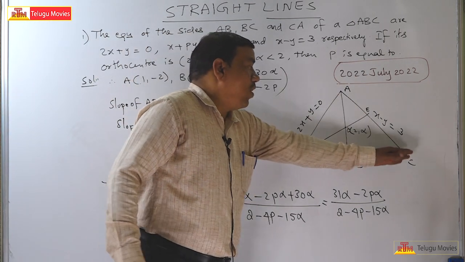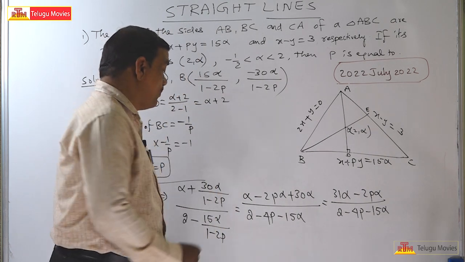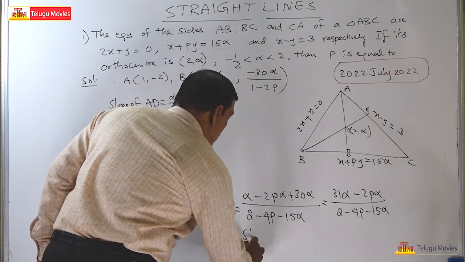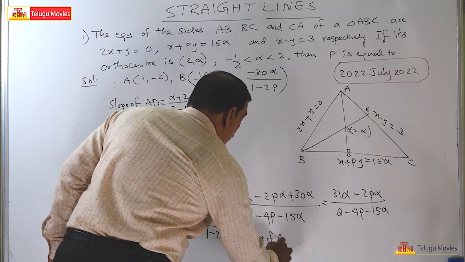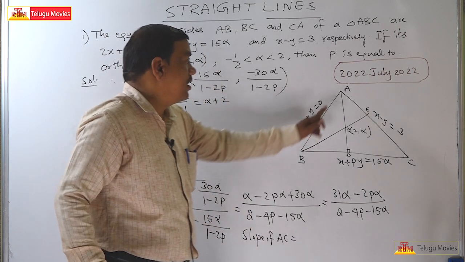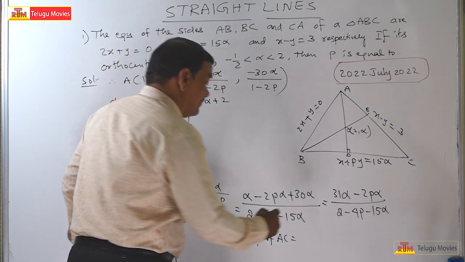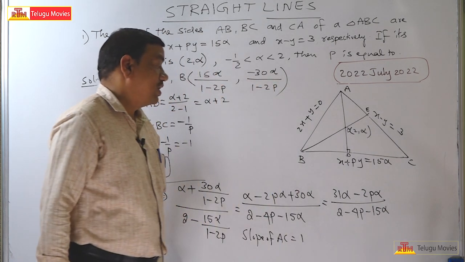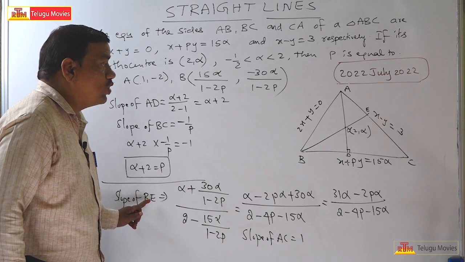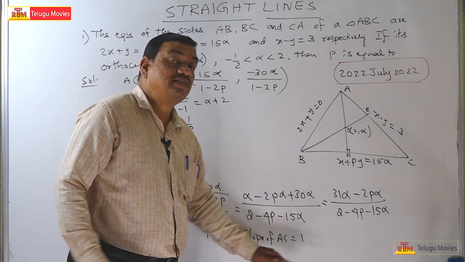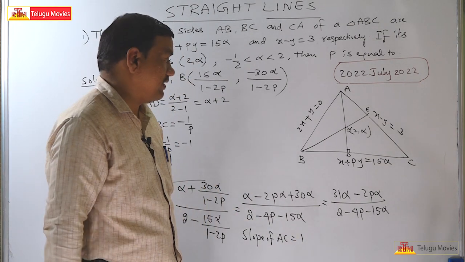What is the slope of AC? The slope of AC is given by the formula minus A by B, minus 1 by minus 1, that is 1. Now the product of the slope of BE and the slope of AC is equal to minus 1.